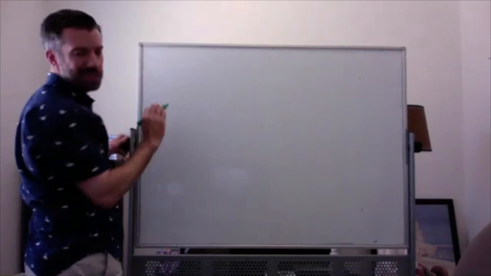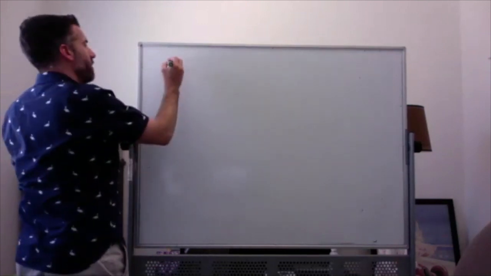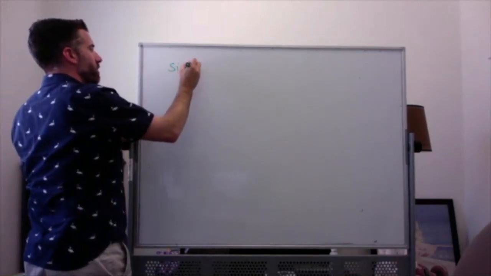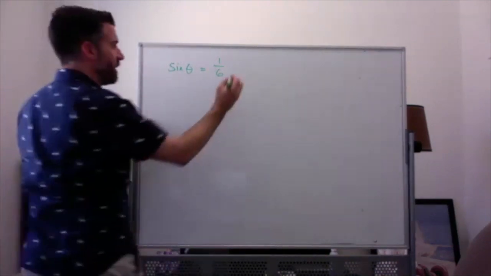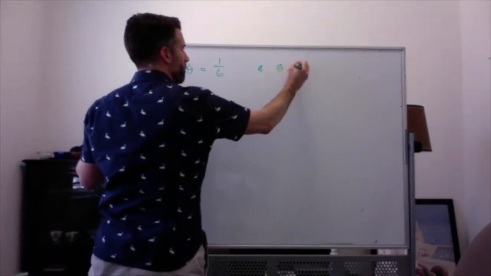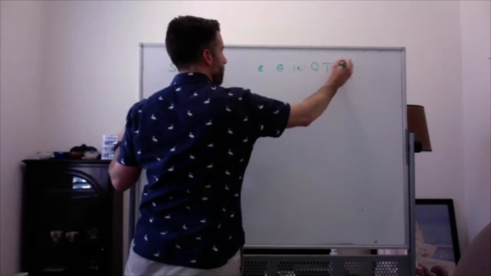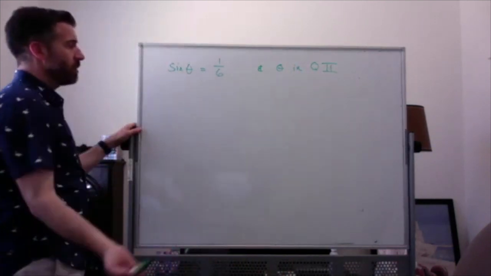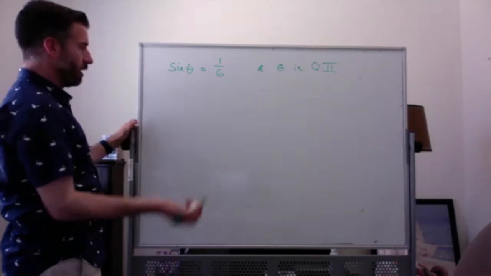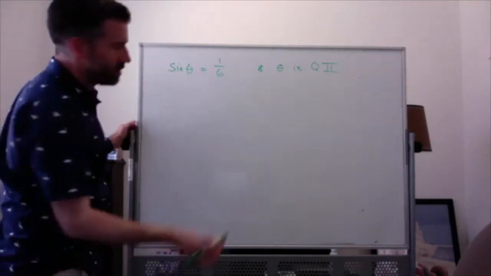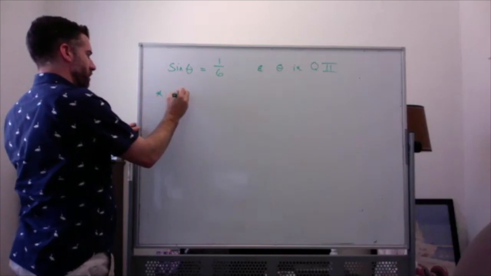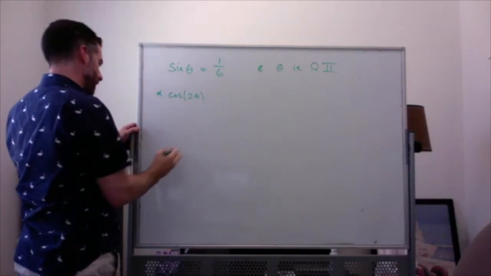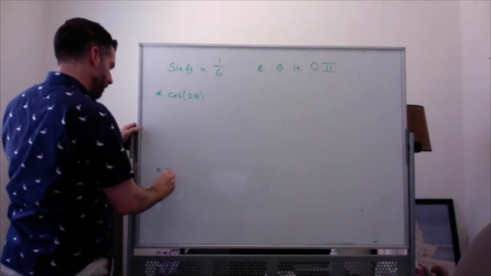So another example, I'm going to do this one slightly differently. Let's say we have sine of theta equal to 1/6, and theta is in quadrant 2. We're going to find the same things: cosine of 2 theta and sine of 2 theta, and then the quadrant.